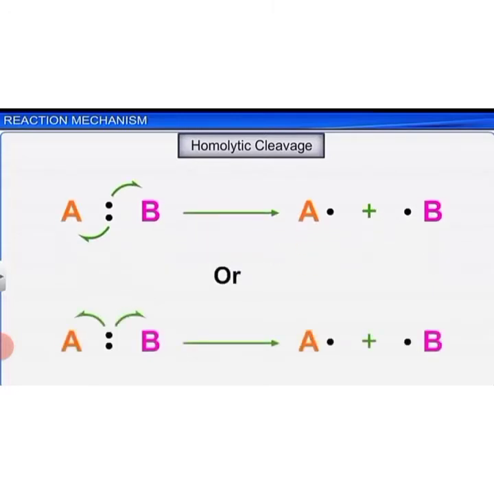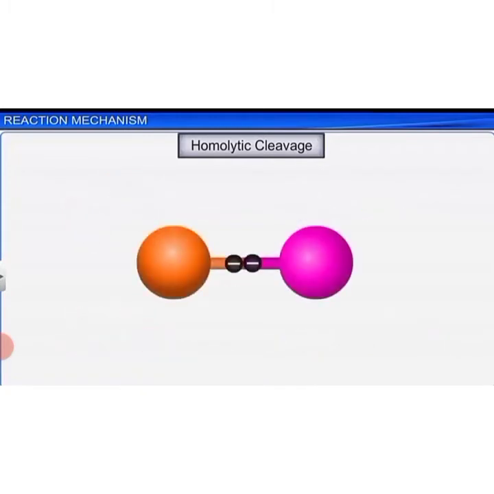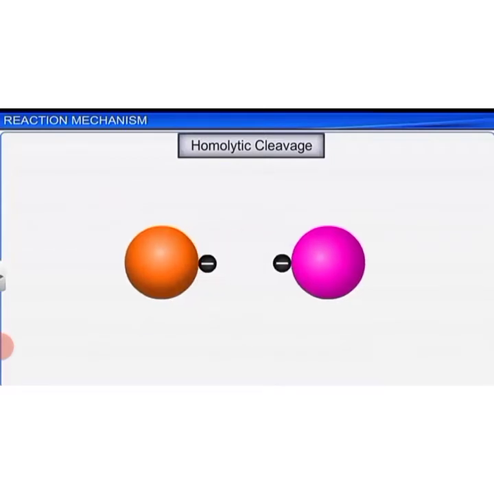A fishhook or half-headed arrow is used to show the movement of a single electron. Homolytic cleavage results in the formation of neutral atoms or groups with one unpaired electron. These are known as free radicals.